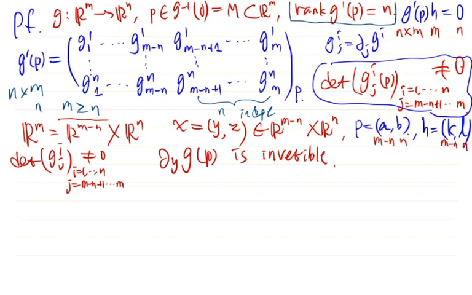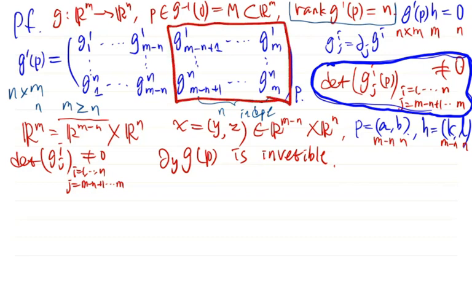Okay, can you see that? This condition that the determinant is not zero means that this matrix is invertible. But this matrix is a submatrix of the G prime at P. This submatrix is precisely the partial derivative of G with respect to y.